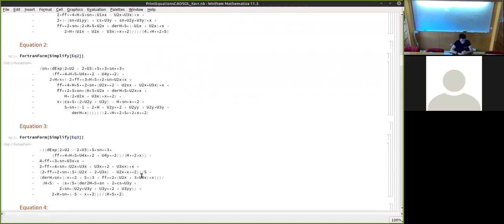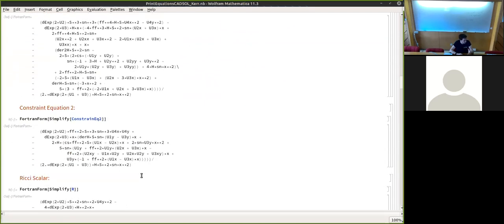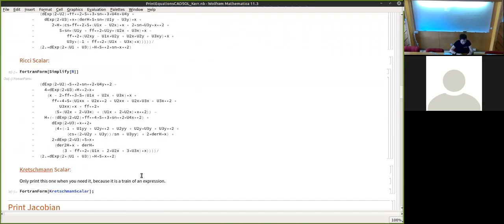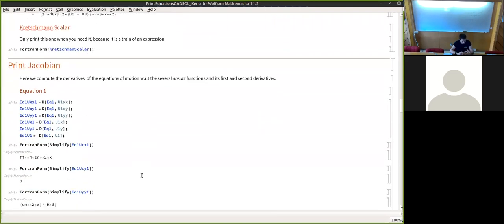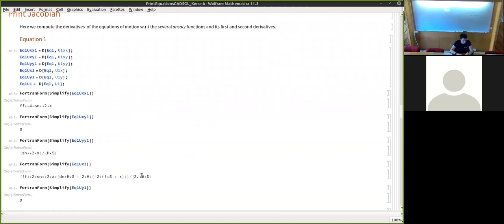So you can do the print, and then you just have to copy this to a Fortran file, as I will show you next. And just to finalize this part, as I said, you need the Jacobian. So you need to do the derivatives of each equation with respect to each function and their first and second derivatives.